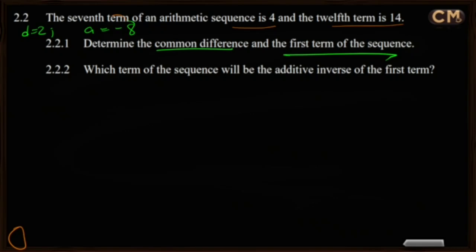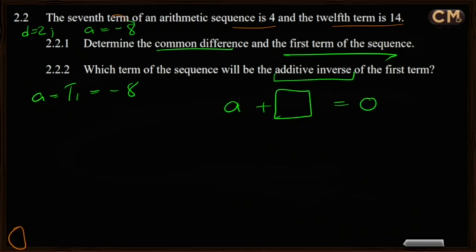Now that we have a clean board: which term of the sequence will be the additive inverse of the first term? So first things first, a is equal to the first term, which is equal to negative 8. Now let's deal with this concept of an additive inverse. That's just asking, if I have some number a, what number must I add to a to make sure that I get a 0?